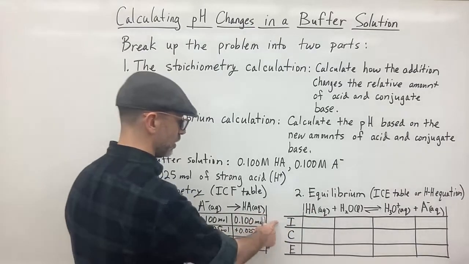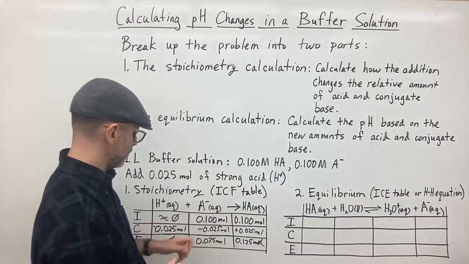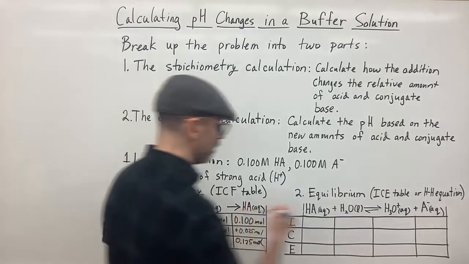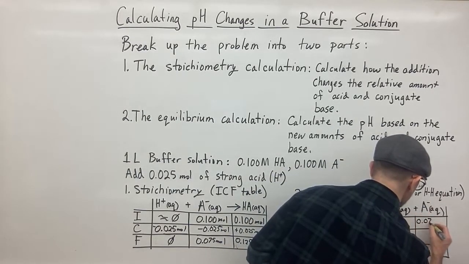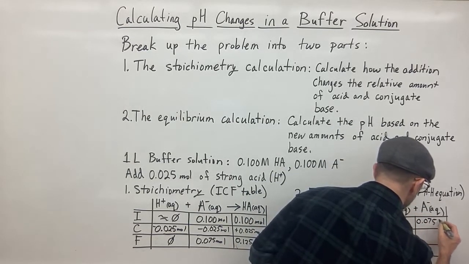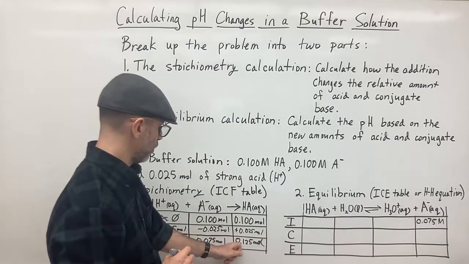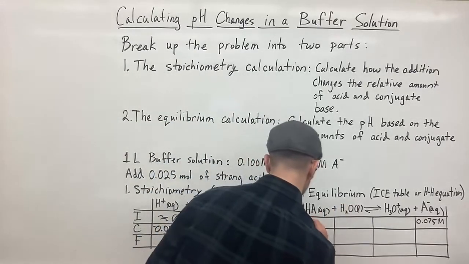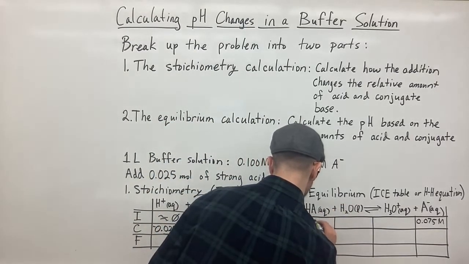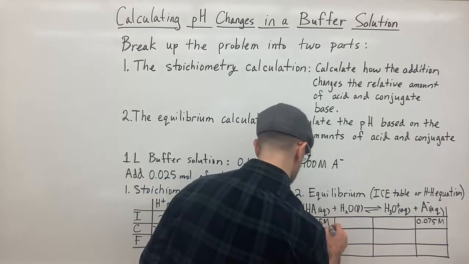So initially for the equilibrium, we're going to have A minus is going to be 0.075 molar, right? And we have here for HA is 0.125, and again, that's going to be molar.